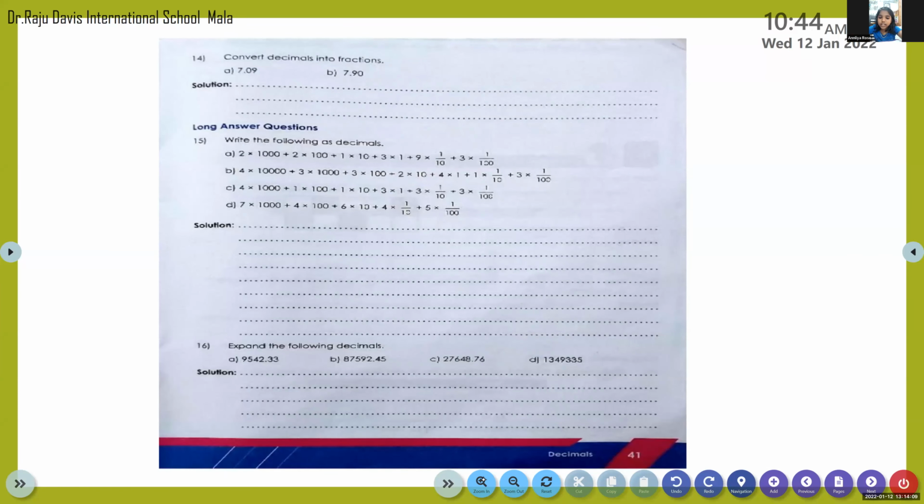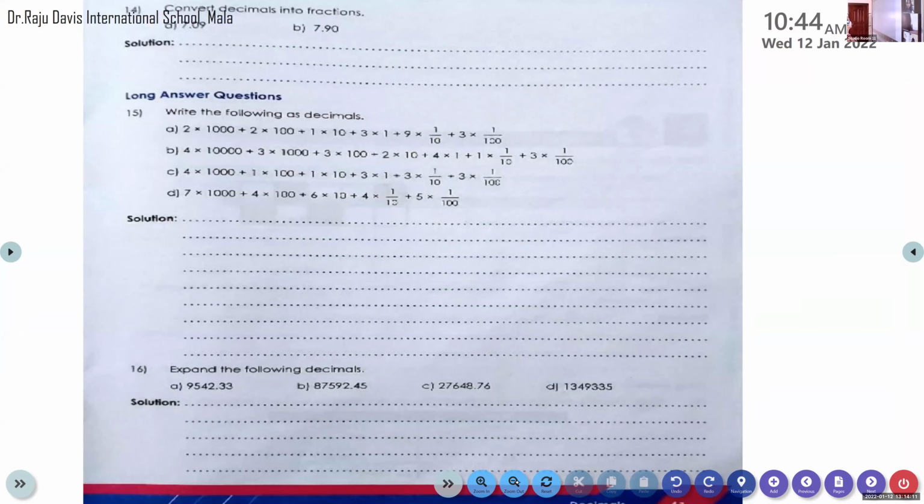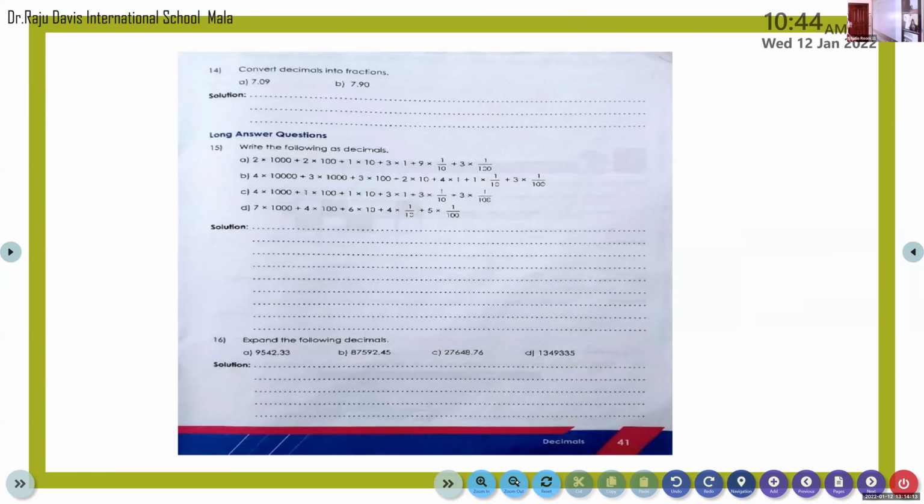Now Anlia, can you read question number 14? Convert the decimal into fraction. Which is question number A? 7.09. We learned this today. What do we have to do first?